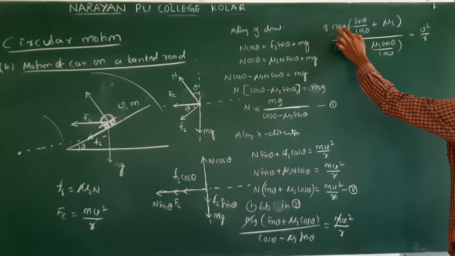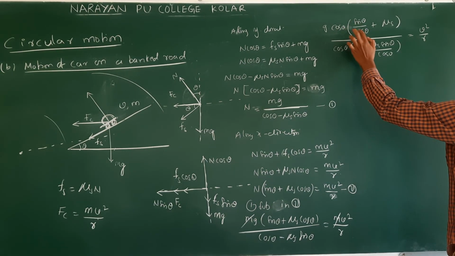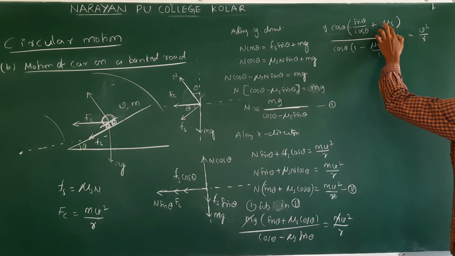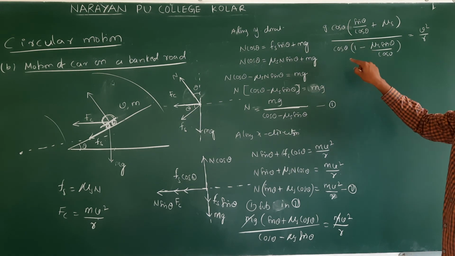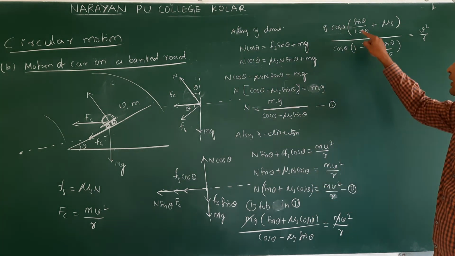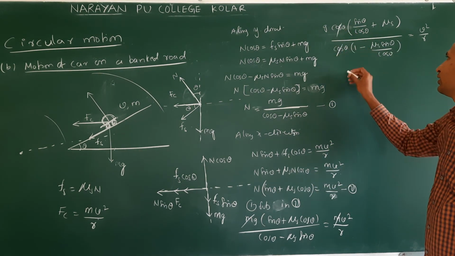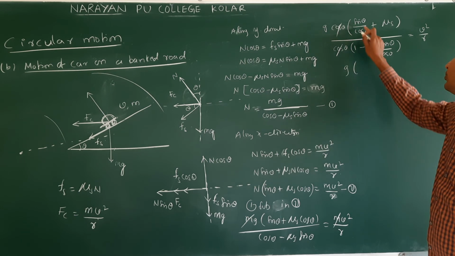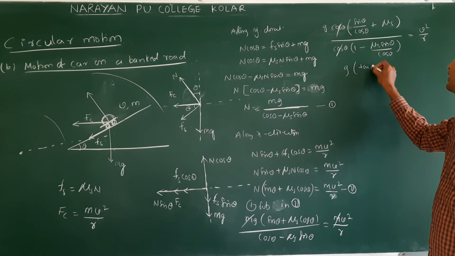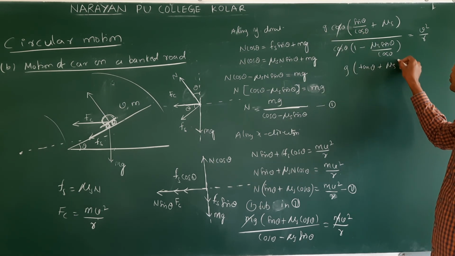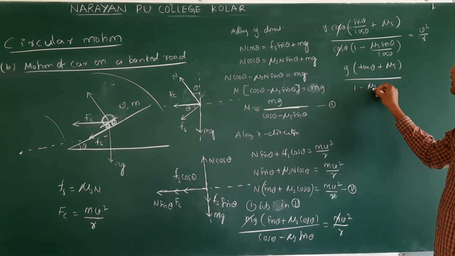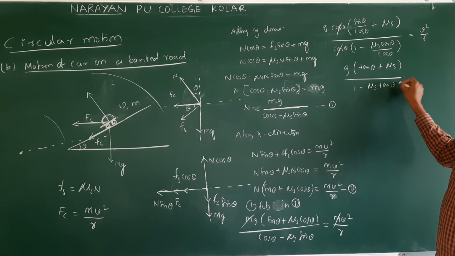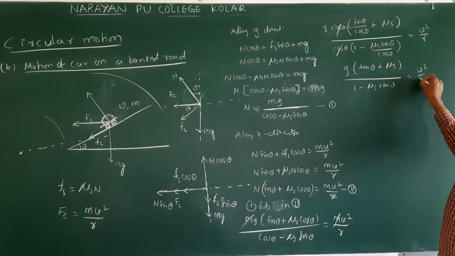If you multiply cos theta inside, cos theta into sin theta by cos theta cancels, and mu s cos theta, you will get the same. So nothing wrong. This equation, writing in this way, cos theta cancels. g into tan theta plus mu s by 1 minus mu s tan theta is equal to V square by R.